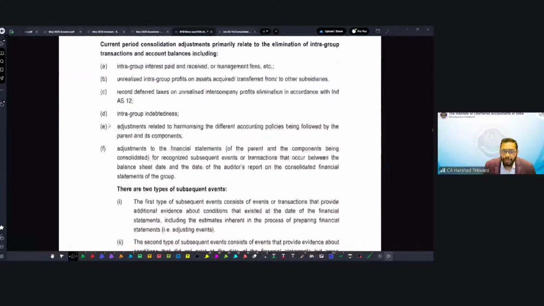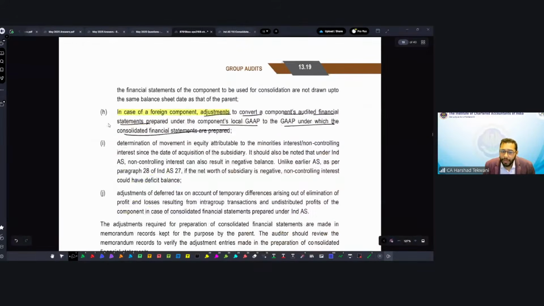So if there is a different accounting policy, you need to see the adjustment relating to the harmonization of the different accounting policies. If there is a foreign component, the adjustment to convert a component's audited financial statement to Ind AS, or whatever financial reporting framework is being followed. So you need to audit those adjustments.